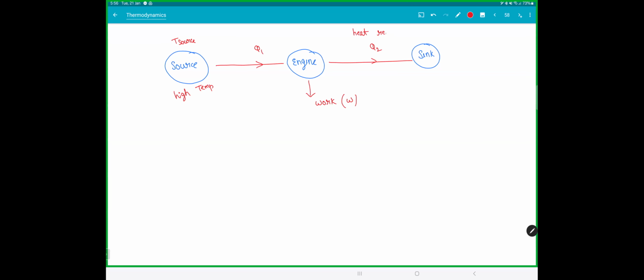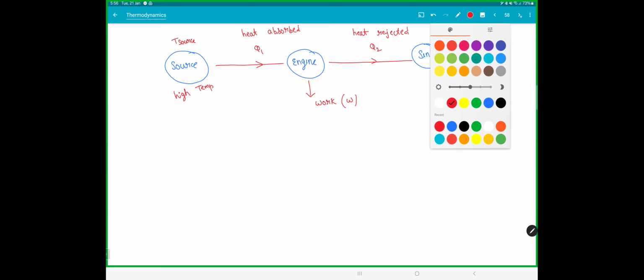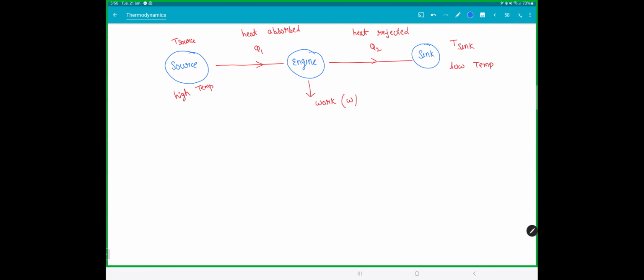This is the heat rejected to a lower temperature. This is the general diagram for a heat engine. You take heat from a source at high temperature, you do some work, and the remainder you throw into the atmosphere.